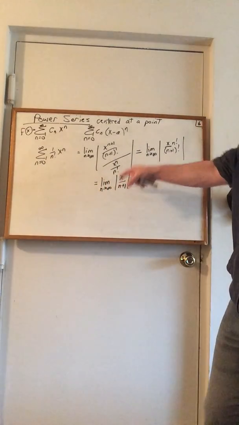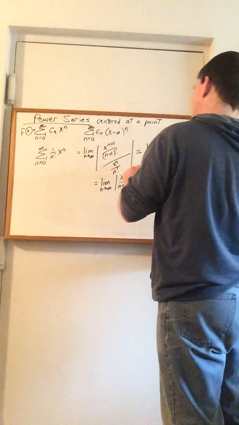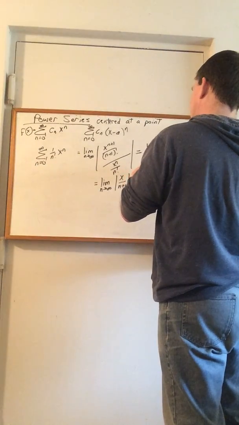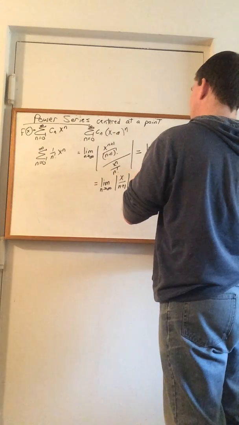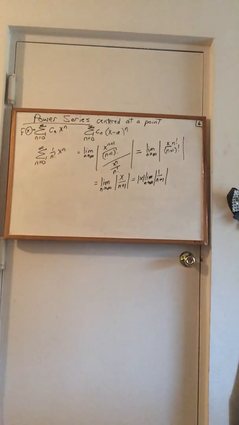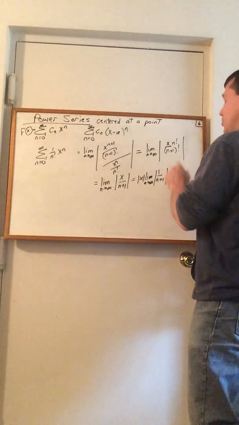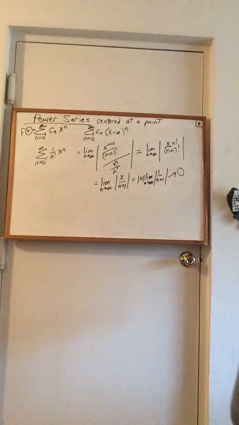Now if I want to take my limit, do the same thing we did last time, pull the x out, and I get the absolute value of x times the limit as n approaches infinity of 1 over n plus 1. And as n approaches infinity, clearly this approaches 0.